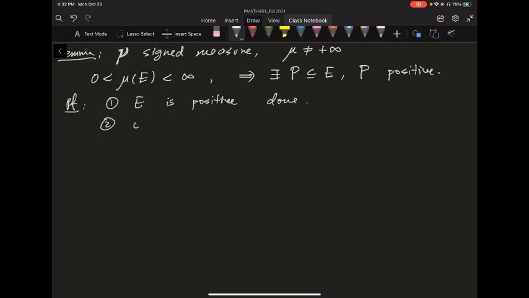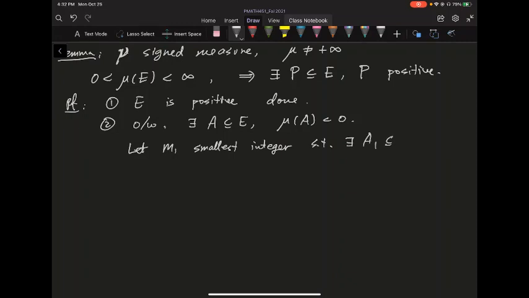Otherwise, I know that there exists some subset, let's say A contained in E, where the mu of A is negative, I mean, not minus infinity, but less than 0. So now I can pick something that's as negative as possible. Let M1 be the smallest integer such that I can find a set A1 contained in E so that the mu of A1 is less than negative 1 over M1.